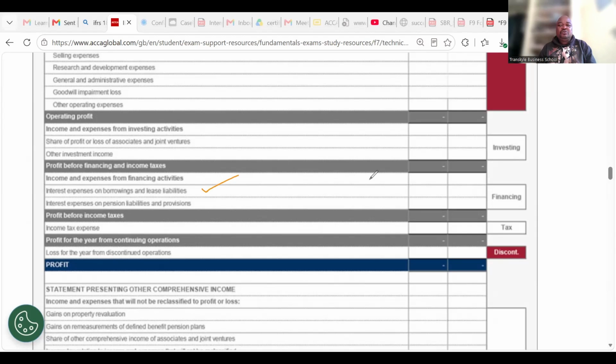That's where you need to input these interest expenses in the statement of financial performance. That is the statement of profit or loss portion under the income and expenses from financing activities. So that's where you need to put it. This one is actually in line with IFRS 18. All right, this is in line with IFRS 18.